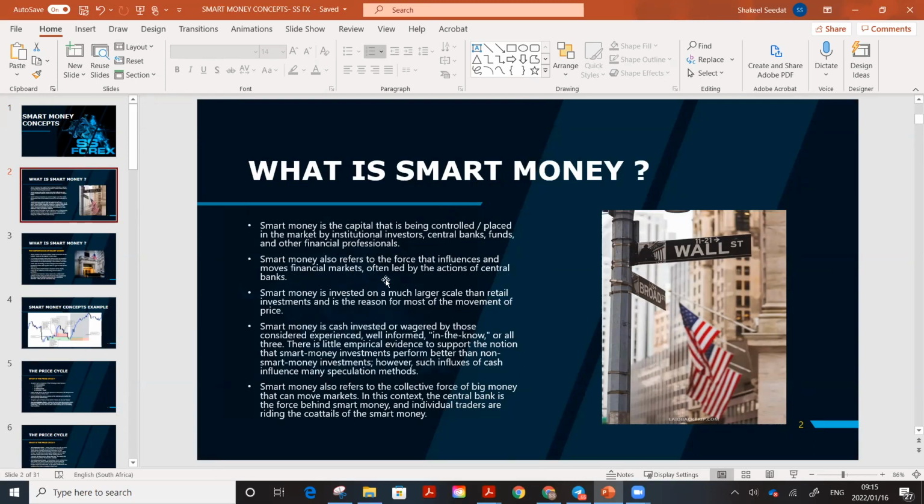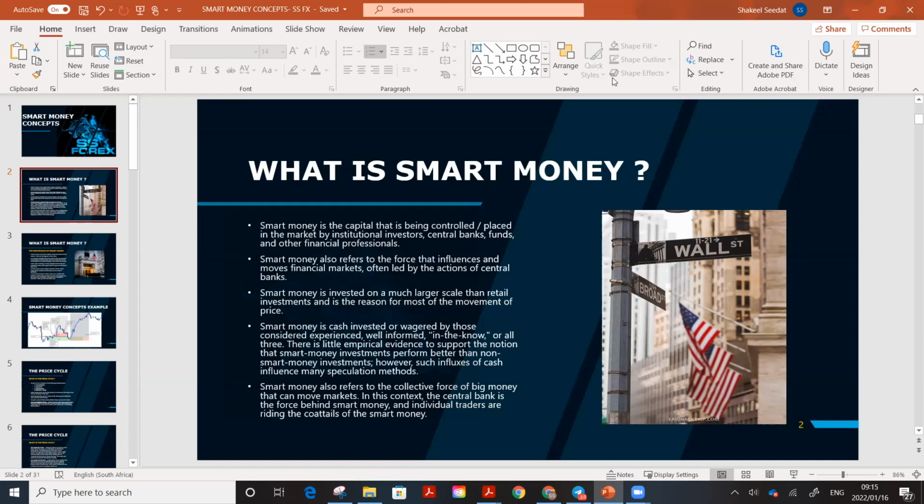Smart money also refers to the force that influences and moves financial markets, often led by actions of central banks. It is invested on a much larger scale than retail investments and is the reason for most movement of price.